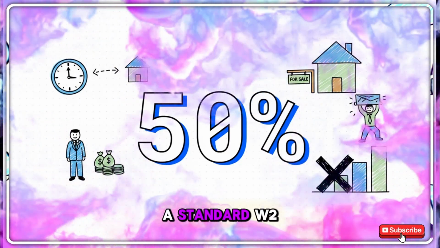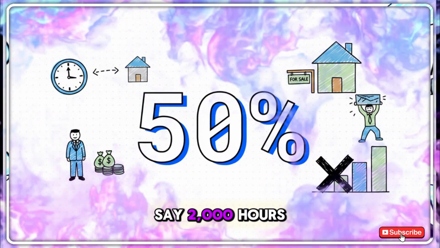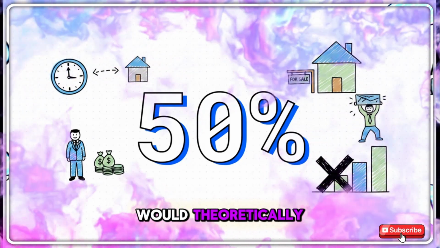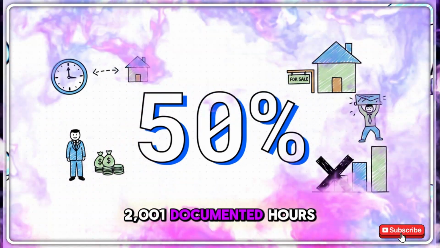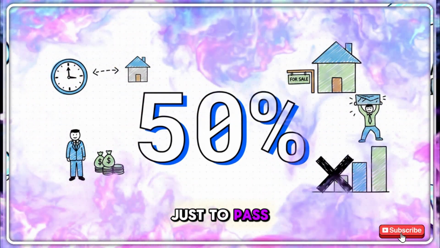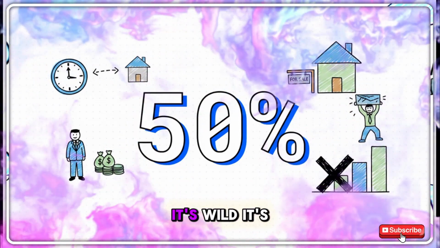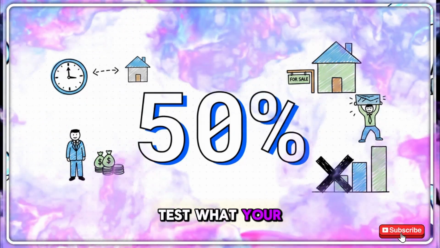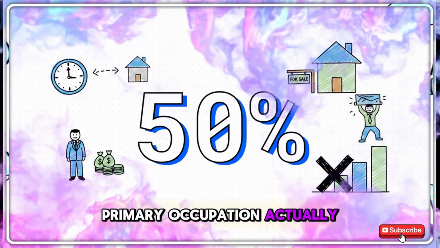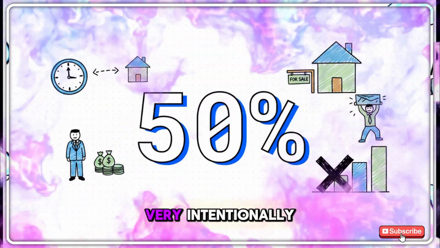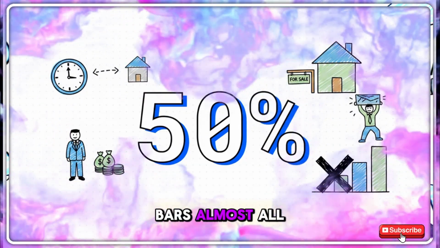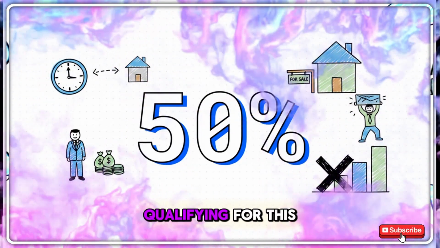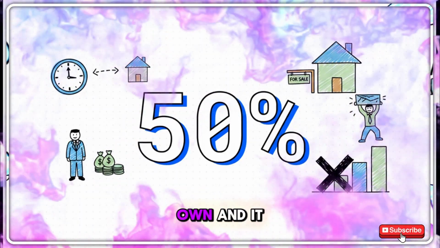If you work a standard W-2 job for, say, 2,000 hours a year, you would theoretically need to work 2,001 documented hours in real estate just to pass this 50% test. It's wild. It's a mathematical barrier designed specifically to test what your true primary occupation actually is. This effectively, and very intentionally, bars almost all full-time W-2 employees from qualifying for this status directly on their own.